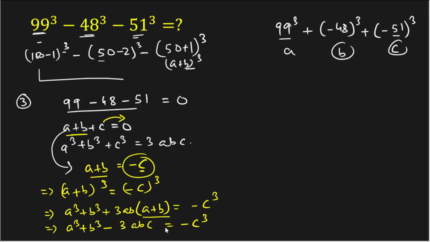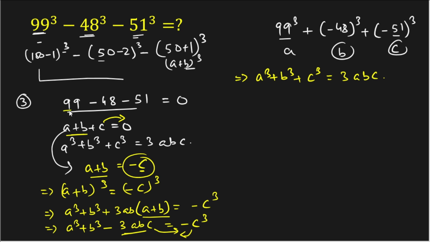Now in the next step we will take negative 3abc to the right hand side, it will be plus 3abc, and we will take negative c cube to the left hand side, it will be positive c cube. So a cube plus b cube plus c cube is equal to 3abc, 3 times a, b and c.